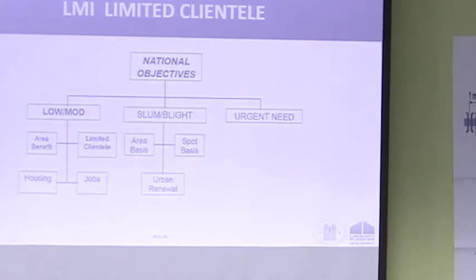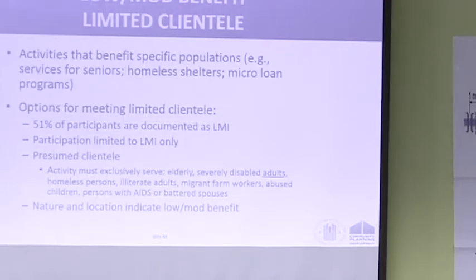Whereas with limited clientele, each individual beneficiary you're going through and qualifying that individual, okay? So that's where earlier I indicated that there are activities that qualify under multiple national objectives or categories. Always choose the one that's going to require the least amount of work, okay?